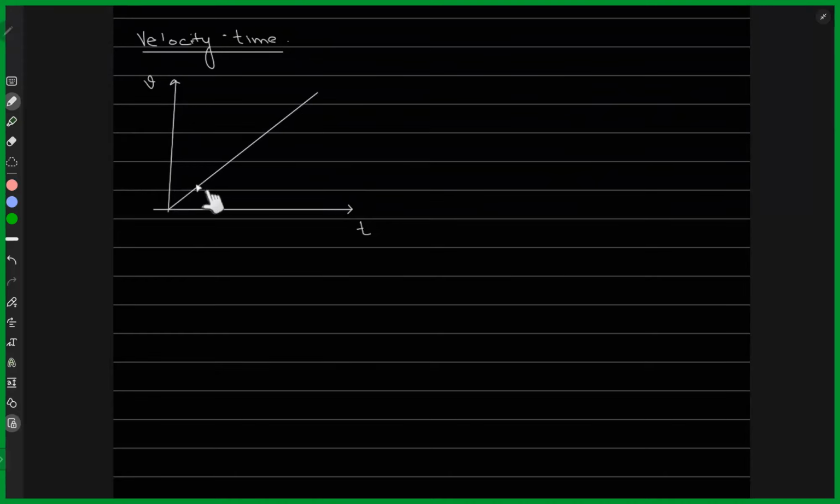Again, pick two points, this one and this one. Suppose this point is V1 at T1, and this point is at T2, where we have some V2.